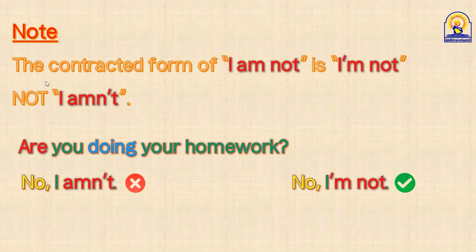Yes, the contraction of I am not is I'm not. Not I amn't. So the contracted form, guys, or the short form of I am not, if you want to make it short form, I am not, okay, write it I'm not like this. Don't write it I amn't like this.